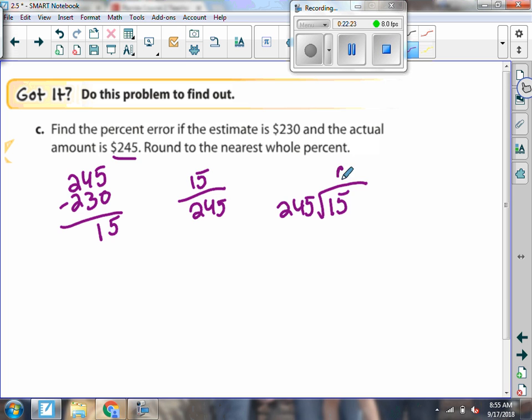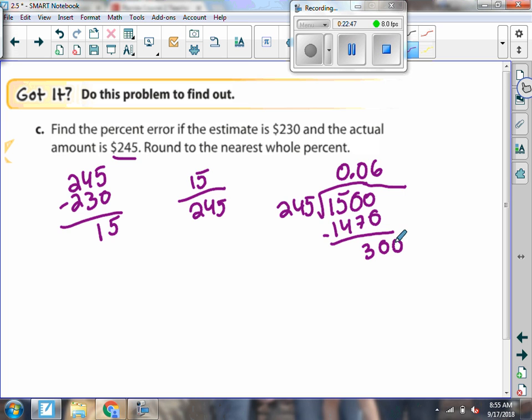245 goes into 15 0 times. I add a 0 and another 0. It goes into 150 0 times, so I have to add another 0. 245 goes into 1,500 6 times. So that is 1,470. Subtract these and I get 30.